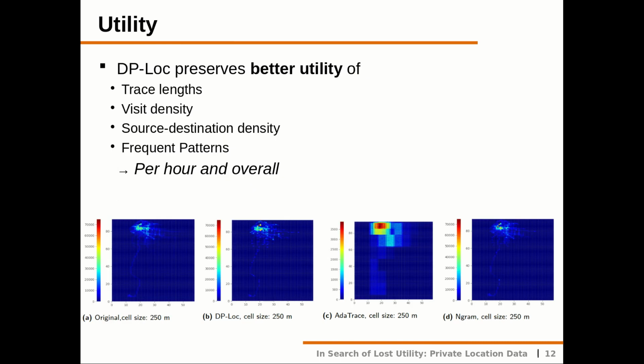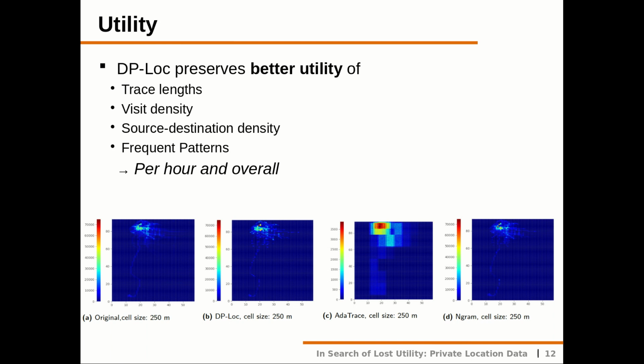Okay, so what we got in the end, we could get better utility in several metrics such as trace length, visit density, source destination density, and frequent patterns. We calculated it per hour and overall for a whole day. And of course, we cannot compare the hourly distribution to previous models which didn't use time.